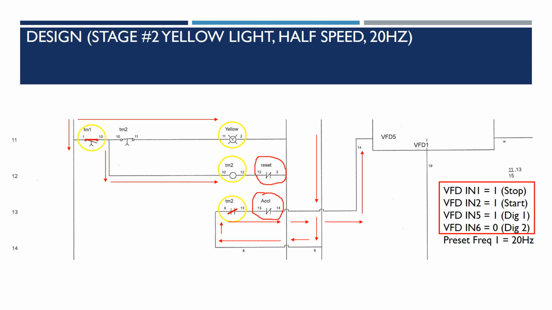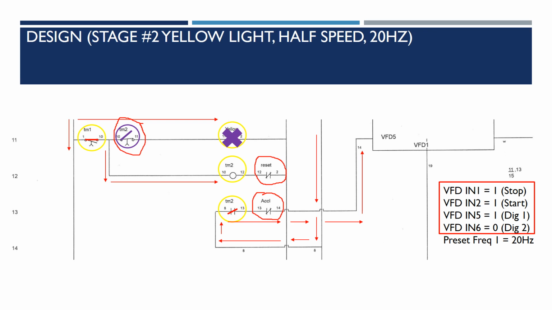So after the 10-second timer on TM2 expires, the normally closed contact TM2 is going to open and will shut off our yellow LED. It's important also to note that we are keeping the TM2 coils intentionally energized, as we don't want these contacts to go back to their original state.